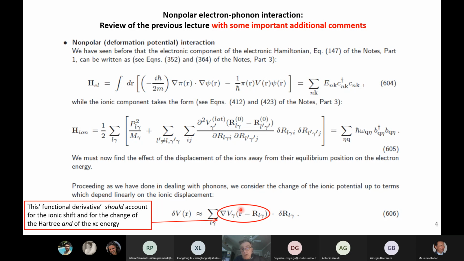And this total energy will change because we've moved an ion, and this change will imply that the potential caused by a single ion will move because electrons also respond to this motion. So it's not a strictly rigid shift of the ionic potential, although that's an approximation that I made last time without emphasizing it. So in principle, we have to calculate this quantity.